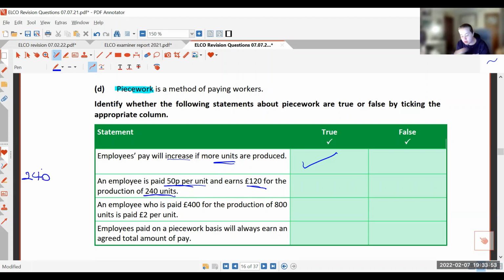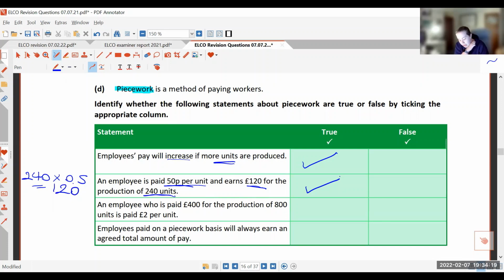If I do 240 times by 50p, so 0.5, I think that that comes to 120. Yeah. I will just double check on my calculator, which is always wise, but yes, it agrees with me. So yeah, that is a true statement.